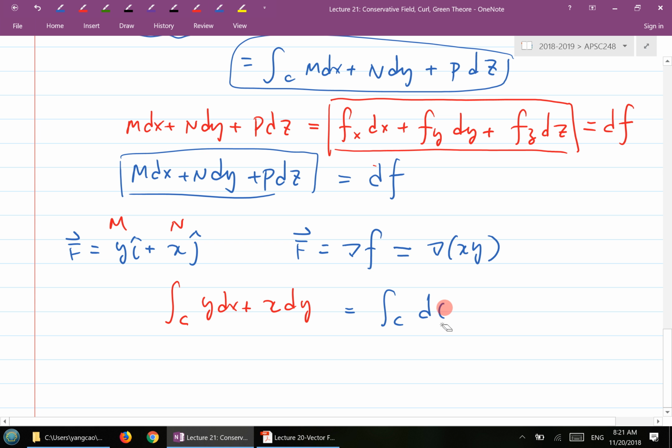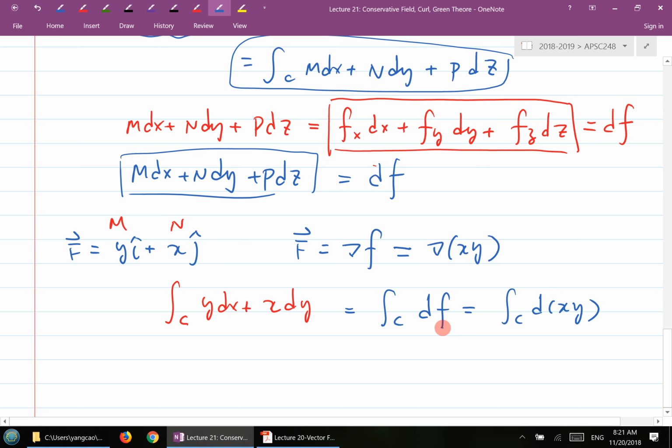One more step, equal to the integral of df, or integral over C of d(xy). Is that good? So that's another equivalent statement here: the addition of individual components is equivalent to a total differential df.